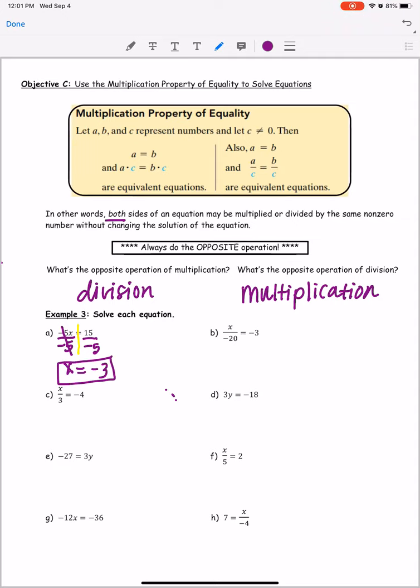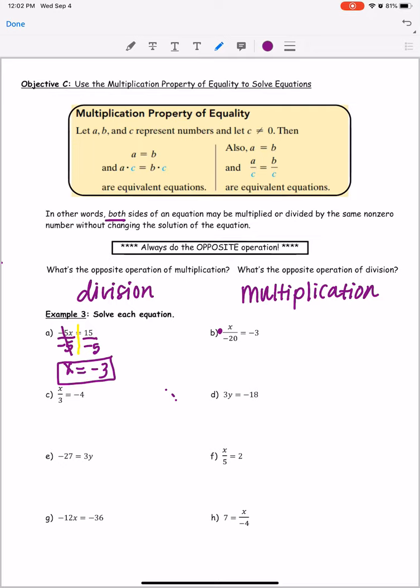Okay, on B. Goal is to get this x by itself. So, what is going on between this x and this negative 20? That little bar here means that they're being divided. The opposite of division is multiplication.